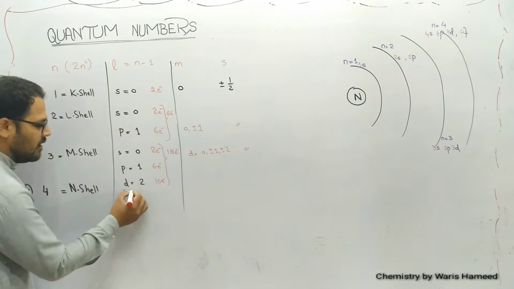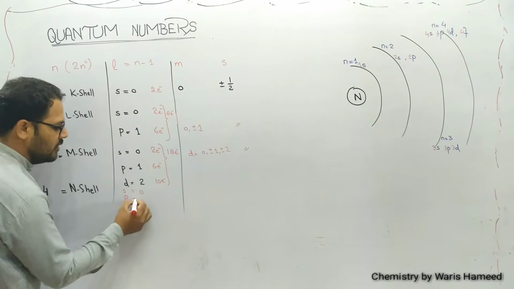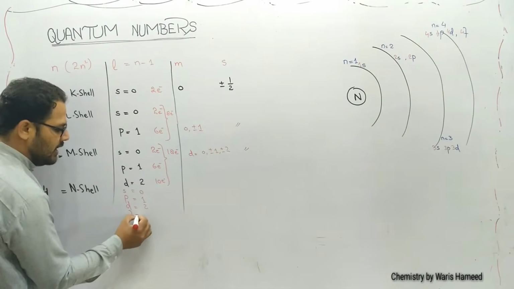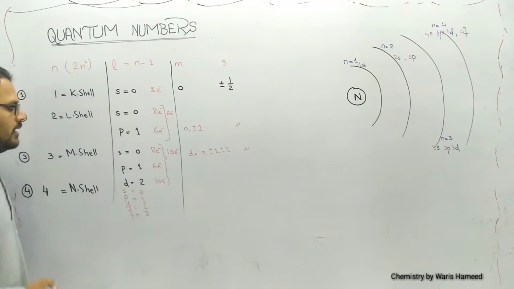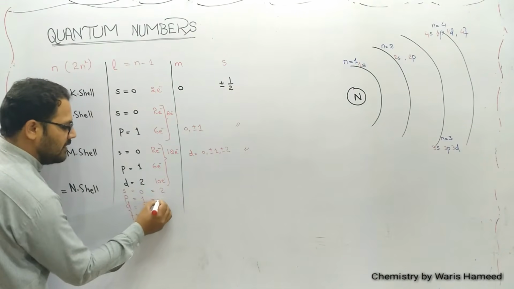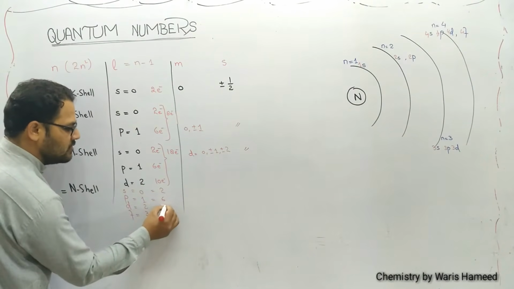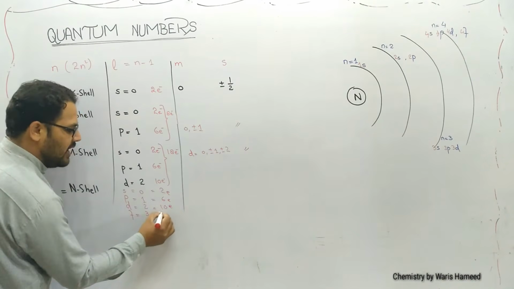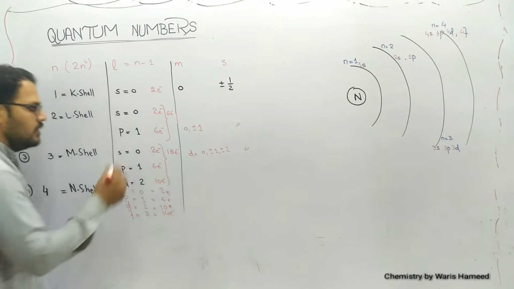The value of L for s is 0, for p is equal to 1, for d it is 2, and for f it's 3. And it has number of electrons: s 2, p can have 6 electrons, d can have 10 electrons, and f can have 14 electrons.